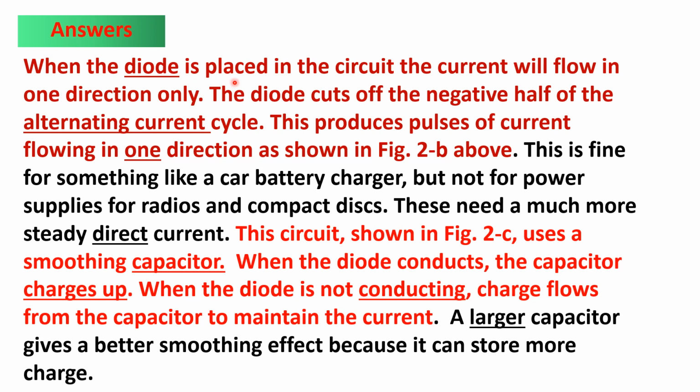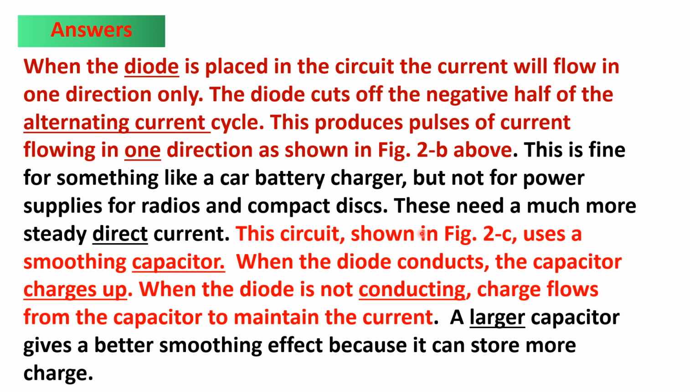When the diode is placed in the circuit, the current will flow in one direction only. So the diode cuts off the negative half of the alternating current cycle. This produces pulses of current flowing in one direction, as shown in figure 2b above. This is fine for something like a car battery charger, but not for power supplies for radios and compact discs. These need a much more steady direct current.